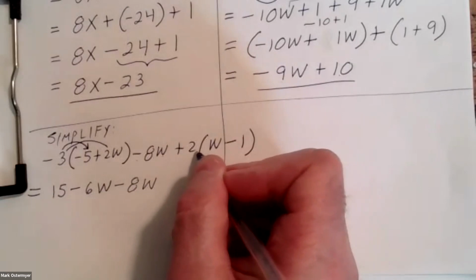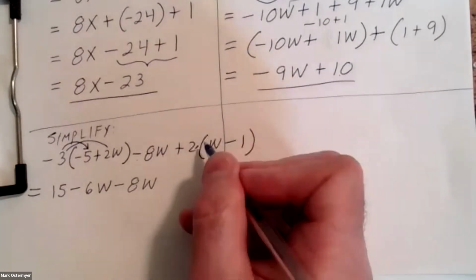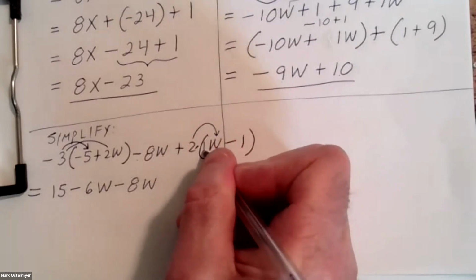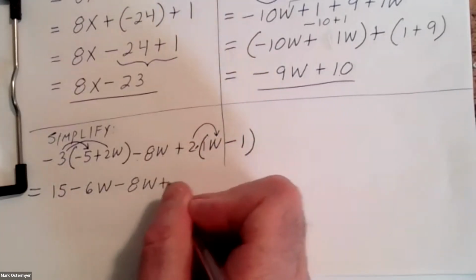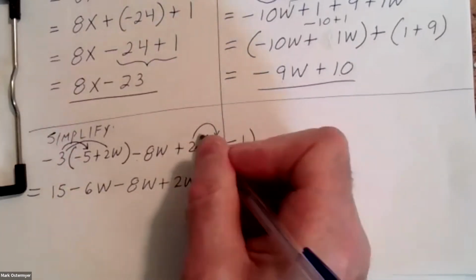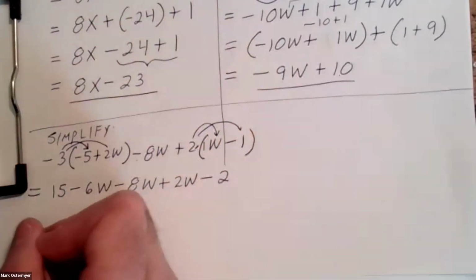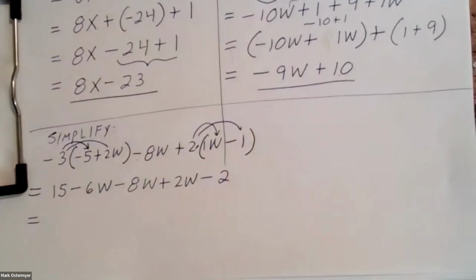Now we're going to distribute the 2 inside the parentheses here to get these out of jail. So 2 times 1w is going to give us 2w. 2 multiplied by a -1 is a -2. Notice all my parentheses are gone after using my distributive property.